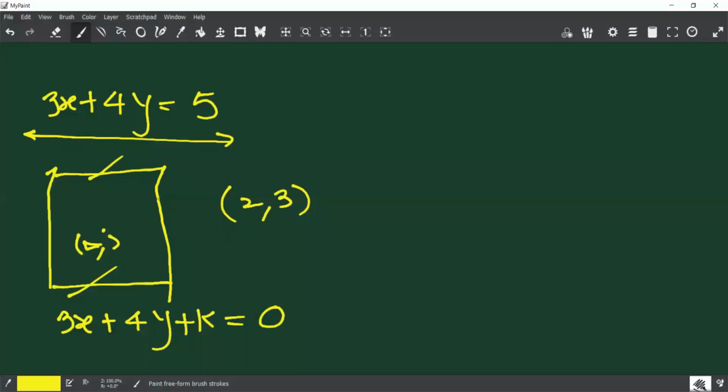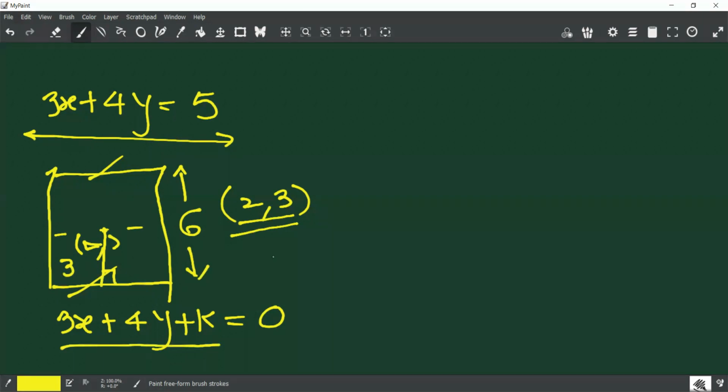Now the center is given and the side of the square is given as 6 units. So obviously the center is going to lie at 3 units. So the distance of this point from this line is going to be equal to 3 units.